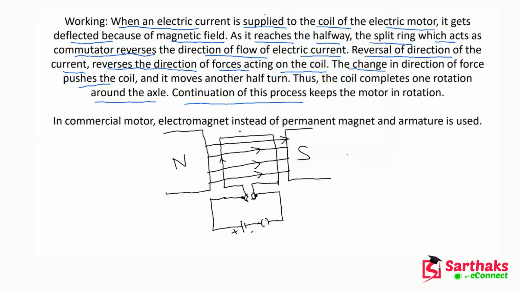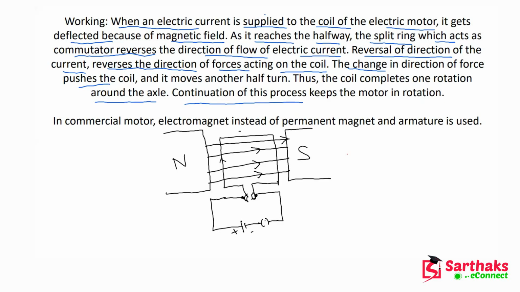We will apply Fleming's left hand rule, because we know that whenever a current carrying conductor is placed inside a magnetic field, the magnetic field exerts force on this conductor. We want to find out the direction of the force. So how can we do that? We will simply apply the left hand rule.